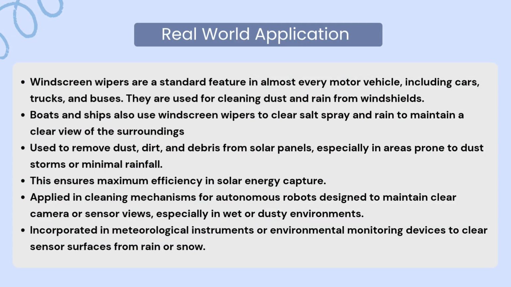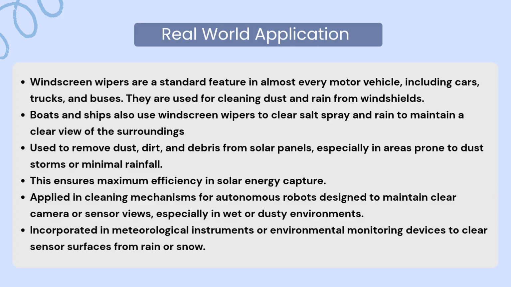The wiper mechanism is a real-world necessity and has many practical uses beyond just cars. Motor vehicles: found in cars, trucks and buses for clearing rain and dust from windshields. Marine vessels: used on ships and boats to remove salt spray and rain, ensuring visibility during navigation.